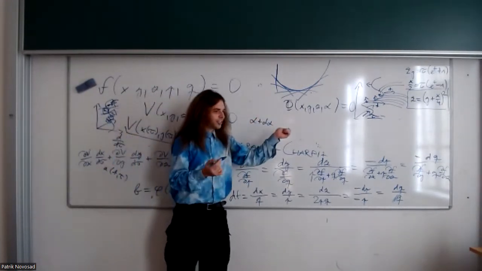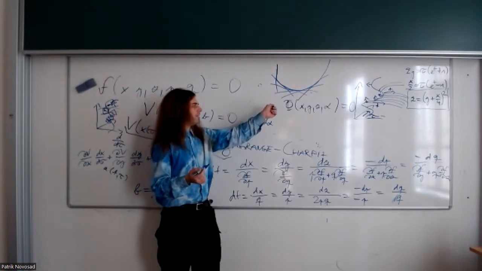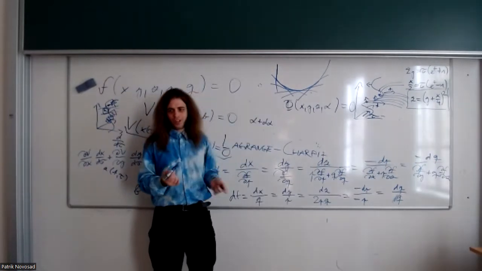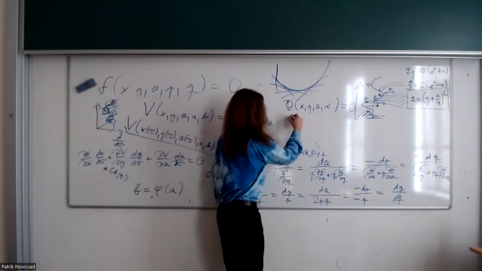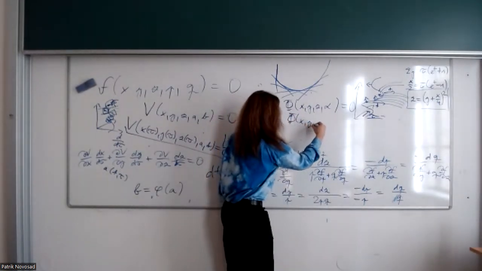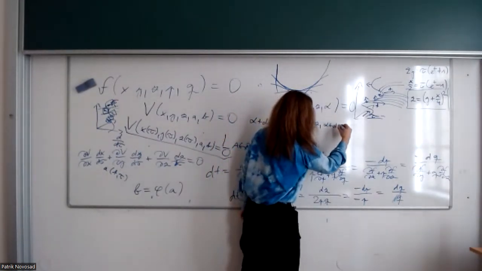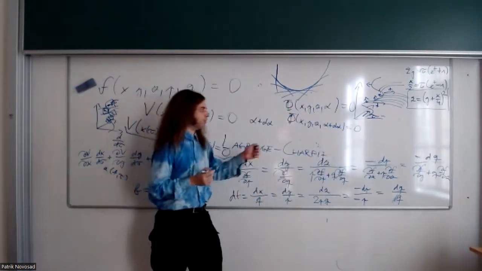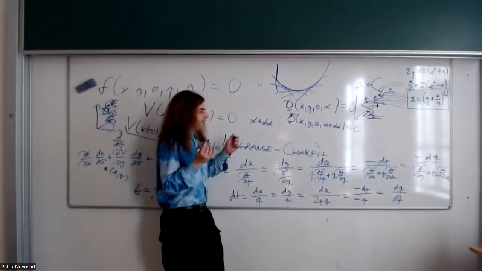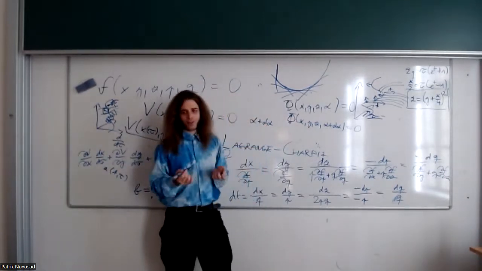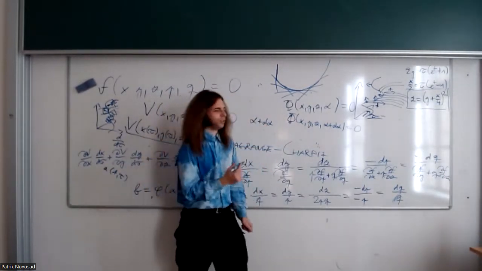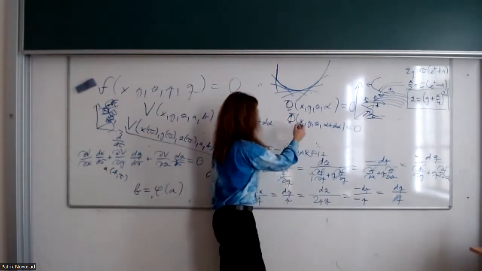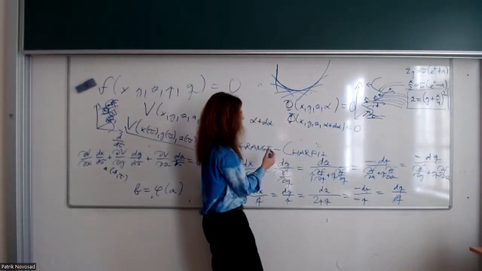So the intersection is given by the points that satisfy this equation. And of course, they need to satisfy the equation of the very next surface when I move the parameter. And if this change of the parameter is very small, of course, we could just approximate it by differential.